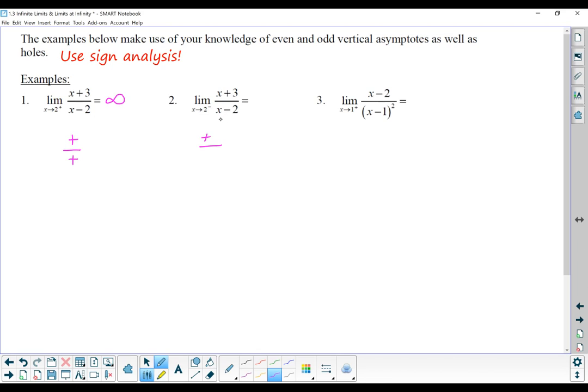In the denominator, if I put in a number just less than 2 and subtract 2 from it, that's going to give me a negative number. If it helps, you can think about a particular number like 1.9. So in this case, because we have a positive divided by a negative, the limit is going to be negative infinity.